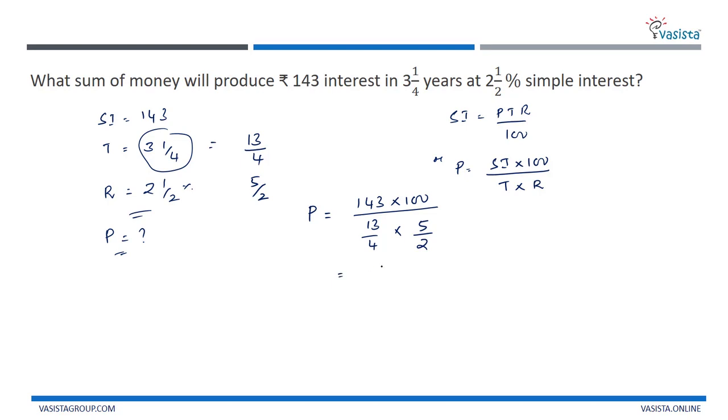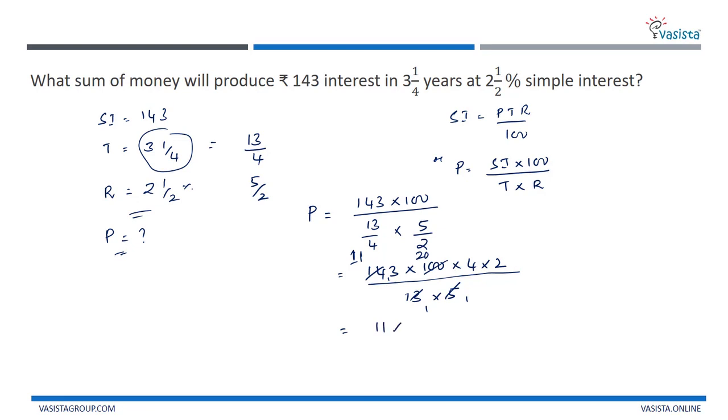So now this will become 143 into 100 into 4 into 2 divided by 13 into 5. Let me simplify it. 13 elevens are 143. 5 twenties are 100.